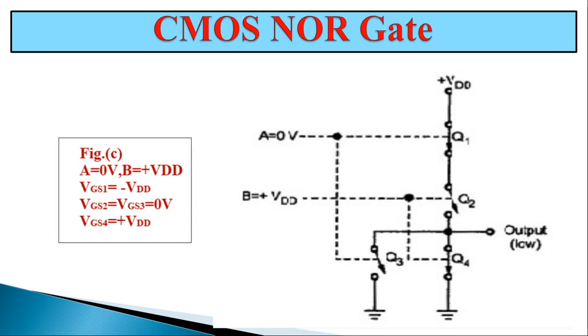Then in this figure, A equal to 0 volt and B is equal to 1, or B is equal to plus VDD, then 0 at A input makes the transistor Q1 on and Q2 off, and 1 at the B input makes the transistor Q3 off and Q4 on, and it produces the output low.